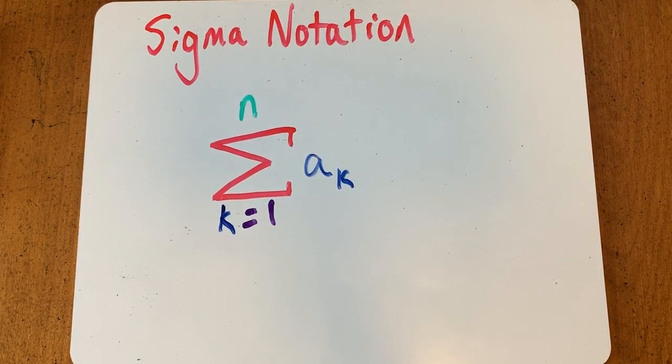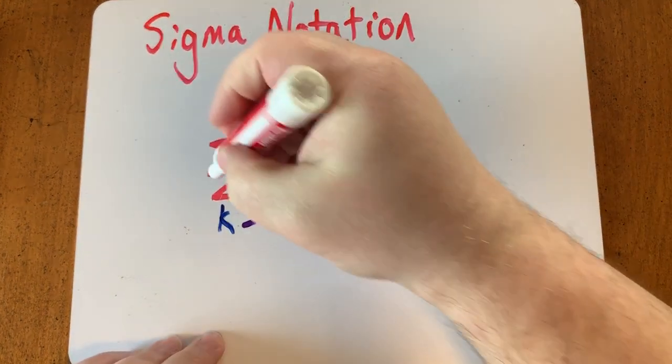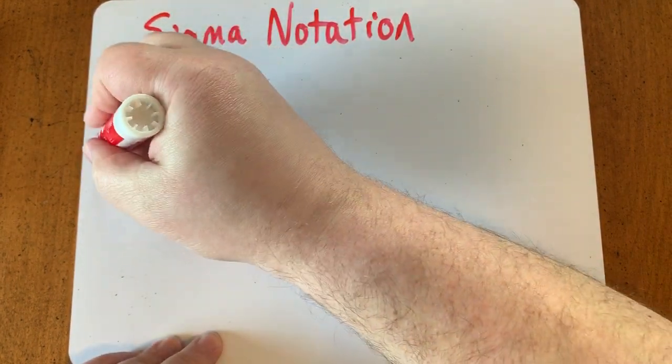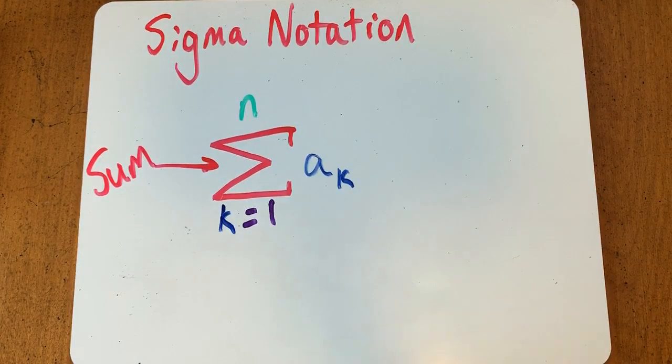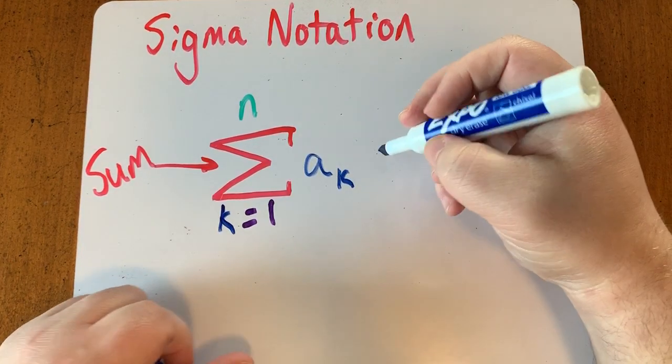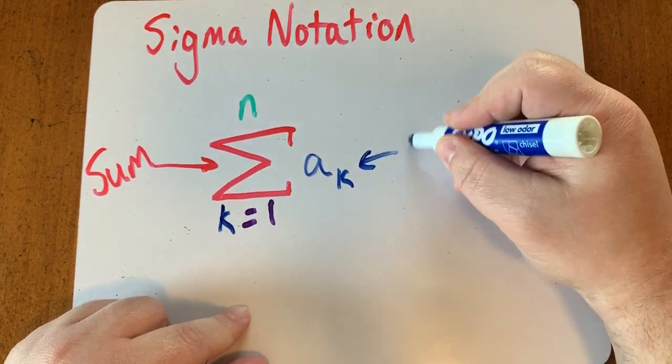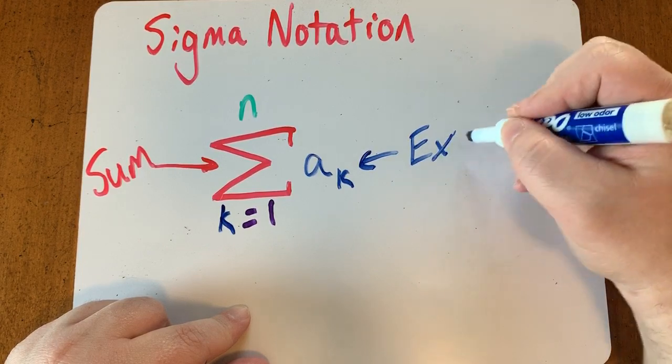All right, so sigma notation. Anytime you see this sigma, that means take the sum. So you are adding up the terms. The terms you are adding up are terms in this sequence.